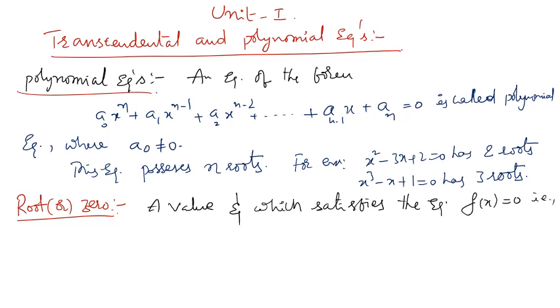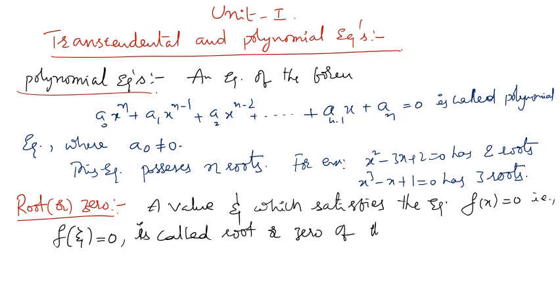That is, what satisfies means, if I put in place of x xi, it is equal to 0. That is, f of xi equal to 0 is called root or zero of the equation f of x equal to 0.